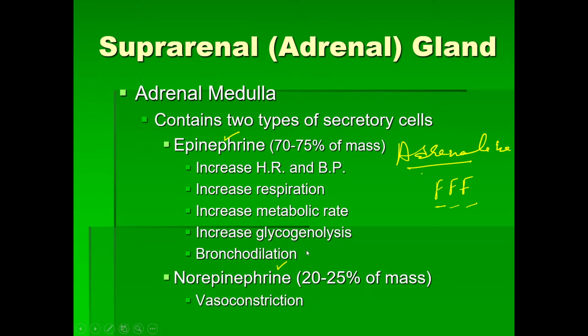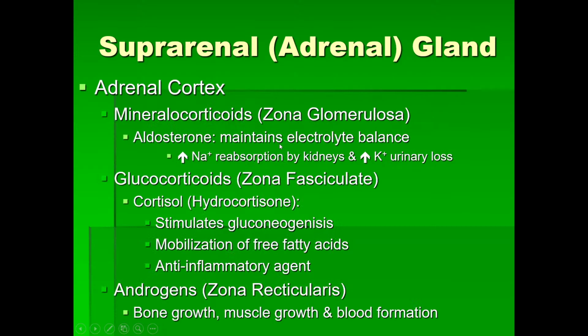It is also responsible for bronchodilation, the dilation of bronchi, as the rate of respiration enhances. Norepinephrine does the same functions, but it is produced during normal situations. Keep in mind, the adrenal medulla secretes epinephrine up to 70 to 75%, whereas norepinephrine is only secreted up to 20 to 25%.